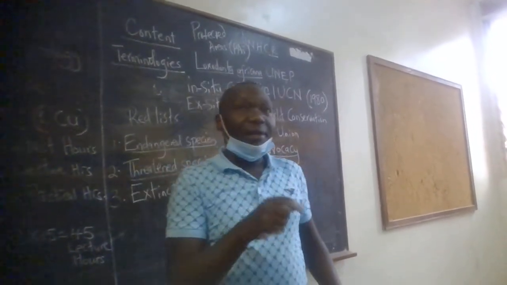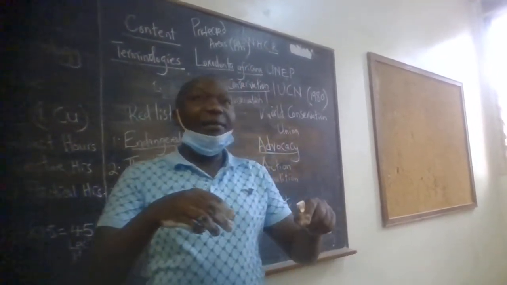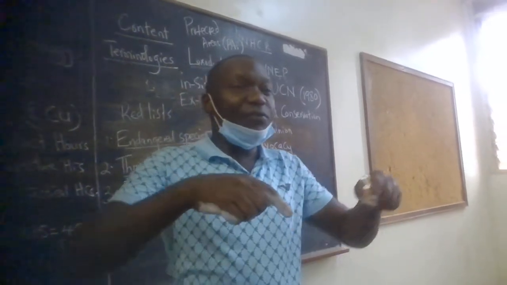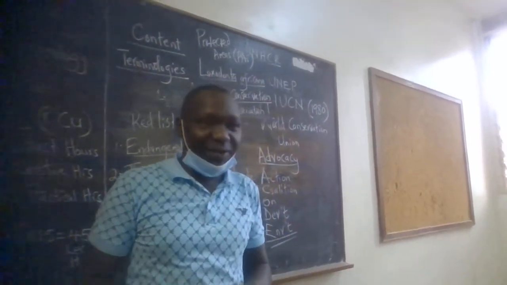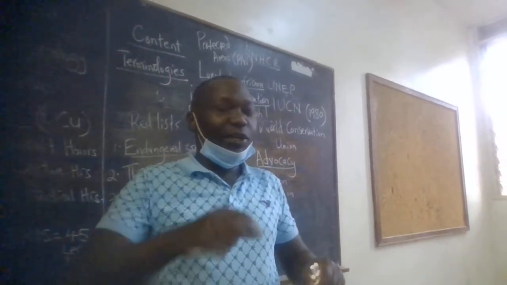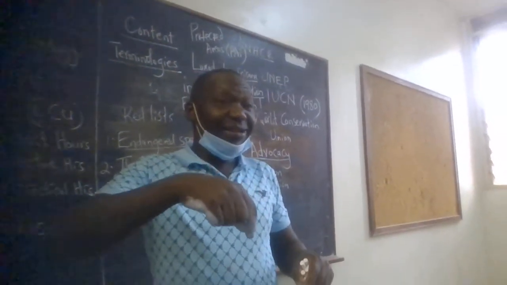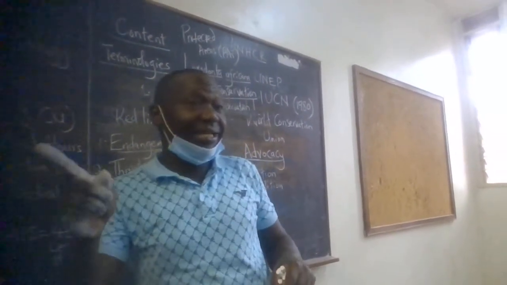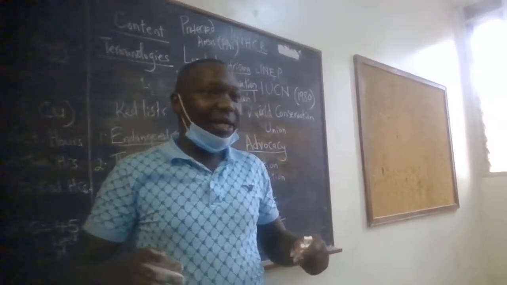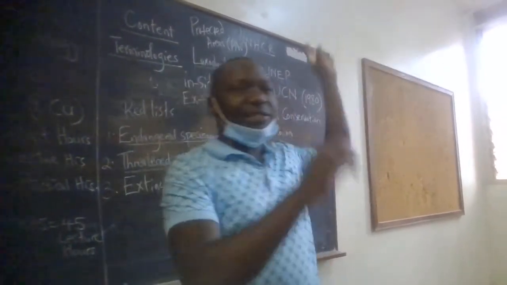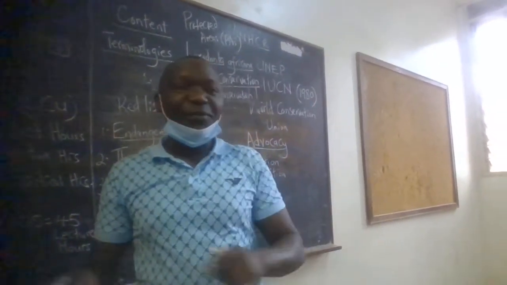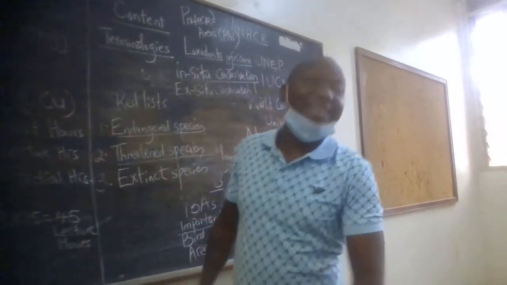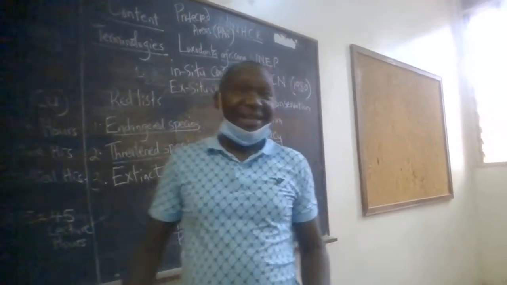Evidence shows that there are some catastrophic situations which were not humanly related, but natural, that would lead to mass extinction of all the species, all of the organisms.